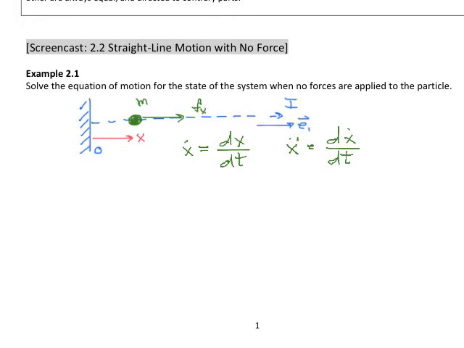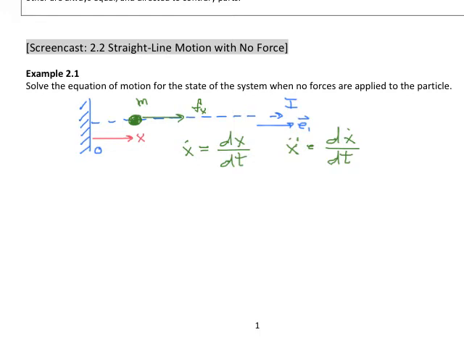So it's the time differentiation of the speed of x. Also keep in mind that the coordinate x and its time differentiations are all functions of time. That's why we can do a straight differentiation: dx/dt is equal to x dot, or d(x dot)/dt is equal to x double dot, the acceleration.